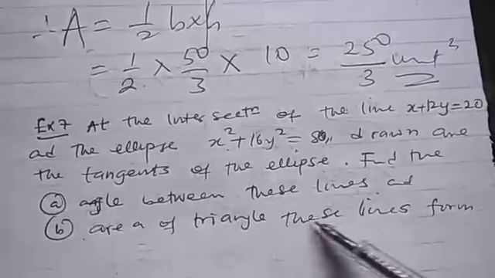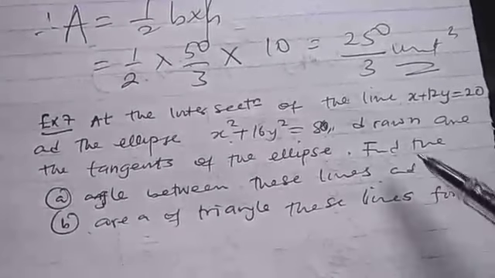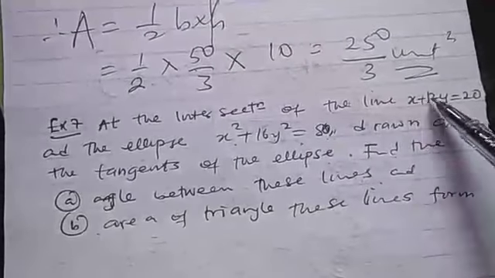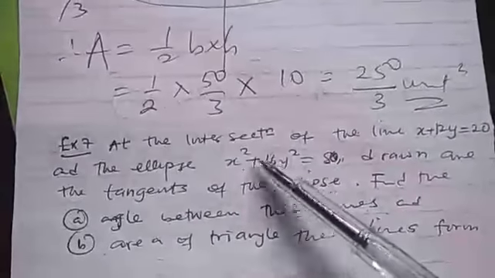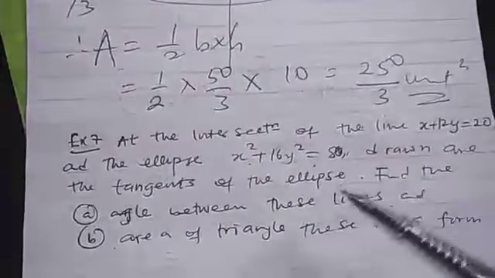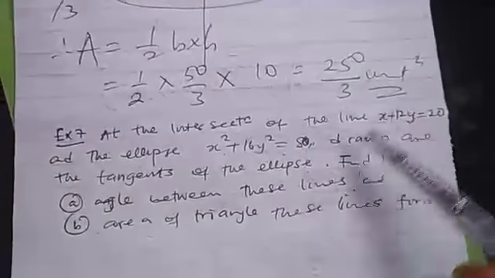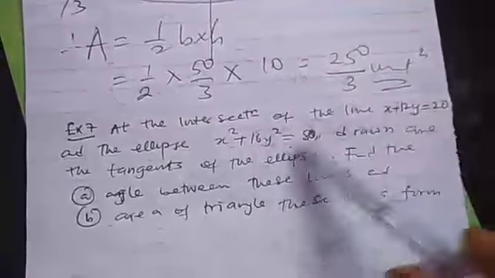B. Find the area of the triangle these lines form. What are the lines? This one and the two tangent lines that are drawn from their intersection. How do we start? We first solve this simultaneously to know the points of intersection.